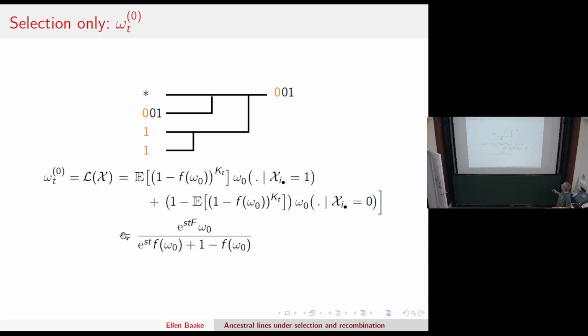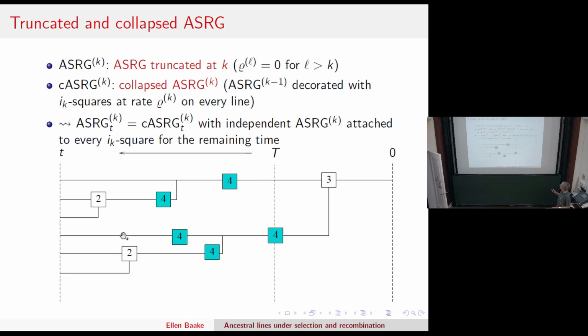So now we want to work up the recursion. Recall that omega k was the solution truncated at k, so with all recombination rates beyond k set to 0. So we need the corresponding graphical analog. So we need an ASRG k that is truncated at k.